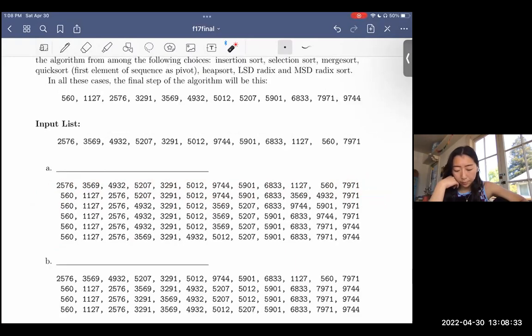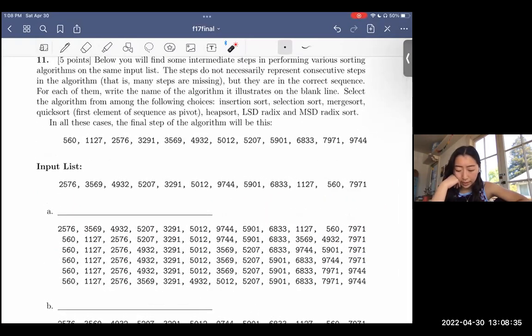Now looking at the options, I would probably eliminate insertion sort, because insertion sort and selection sort as well are both options where the list slowly becomes more sorted from left to right, and the sorted portion grows from all the leftmost elements to all the rightmost elements.